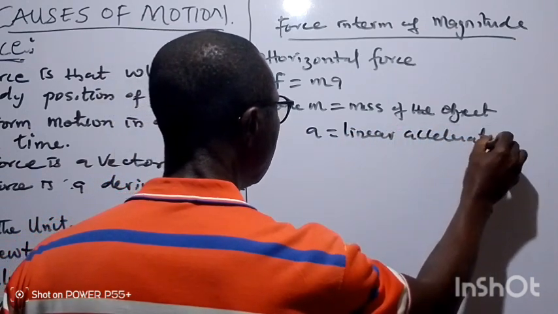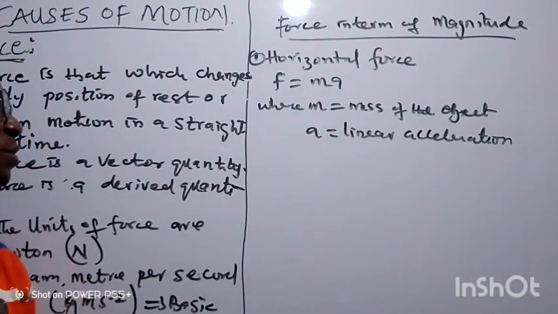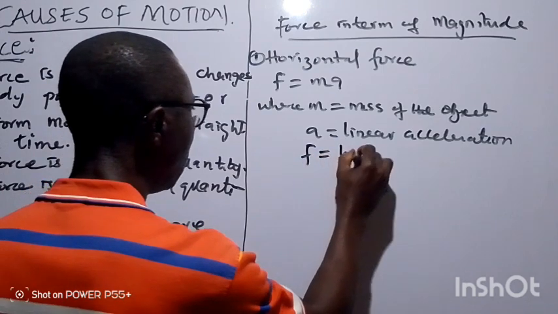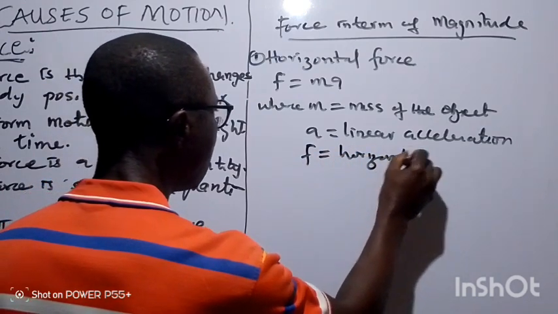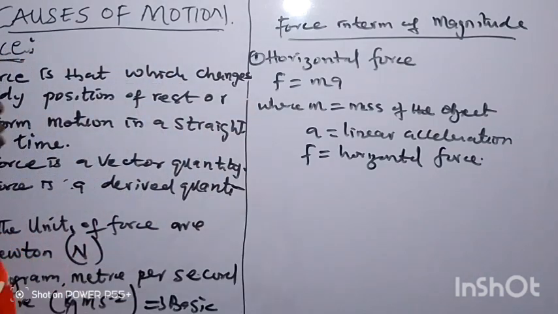And since this a is linear acceleration, that is why we say this one is horizontal force. That is the first one when we want to determine force in terms of magnitude.